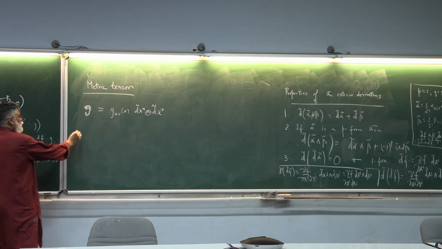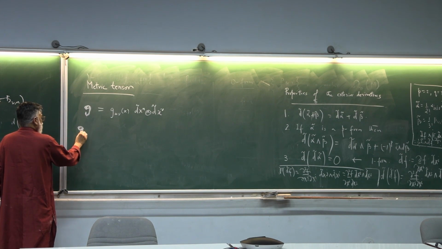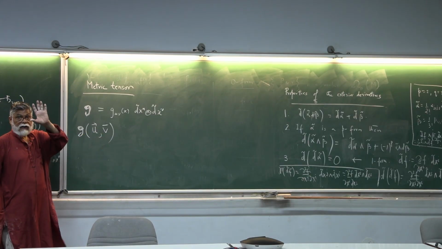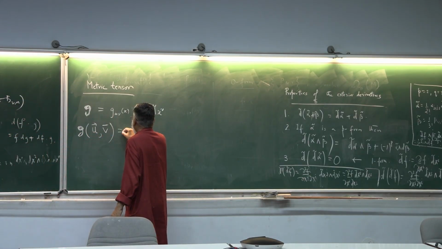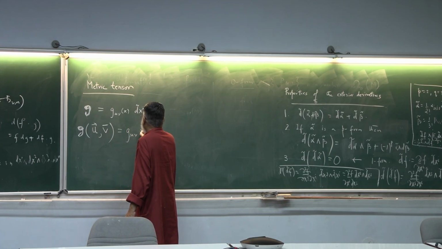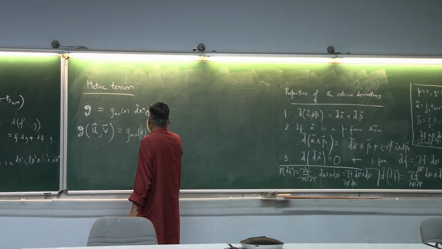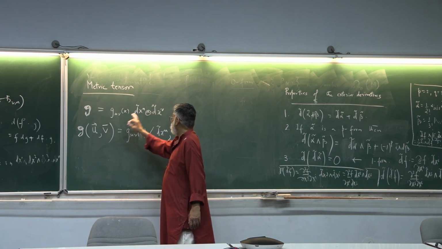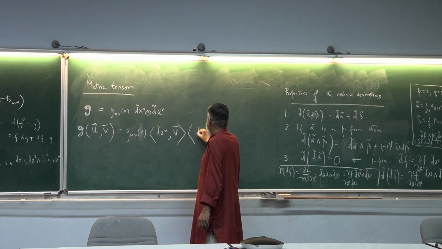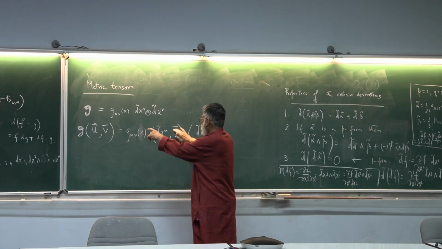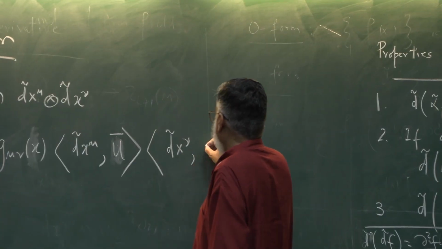If G acts on two vectors u comma v, remember u and v are abstract objects, then this will be G mu nu of x times dx mu acting on u, times dx nu acting on v. I've written first u, then v.